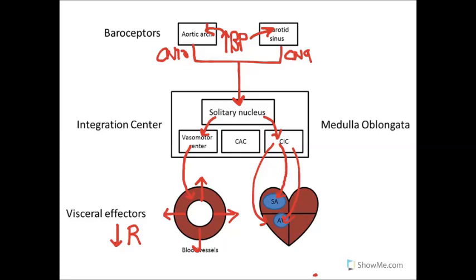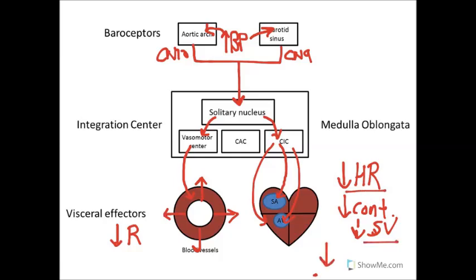When we send it to the SA node and the AV node, we're going to decrease the heart rate. Also, we're going to decrease the contraction, which ultimately is going to lead to a decrease in stroke volume. Now, with a decreased heart rate and a decreased stroke volume, we're decreasing cardiac output.